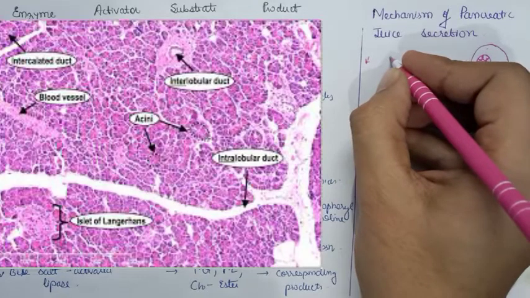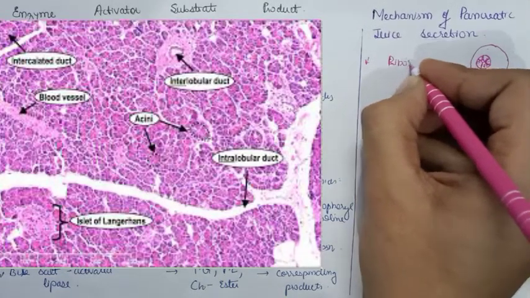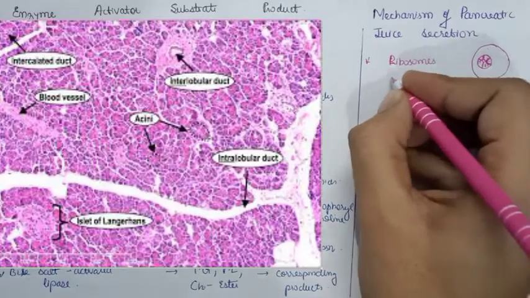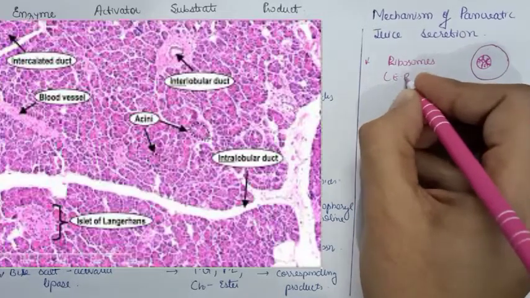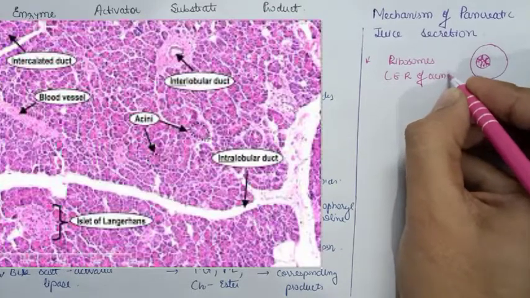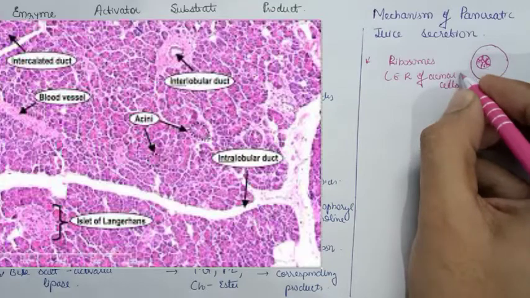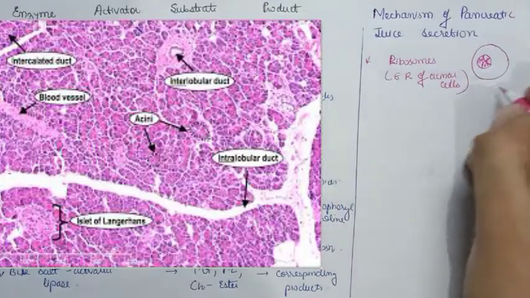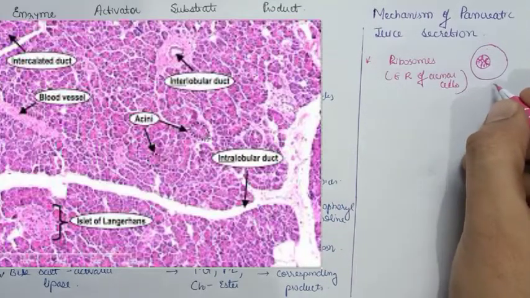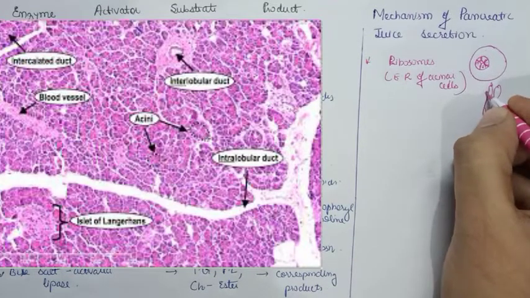So what happens in the ribosomes of the endoplasmic reticulum of the acinar cells? As you know, ribosomes associated with the ER make it the rough endoplasmic reticulum.